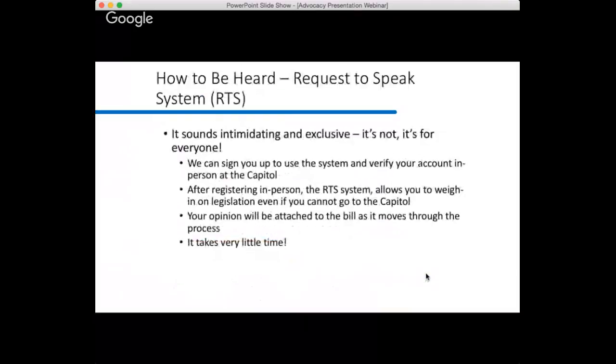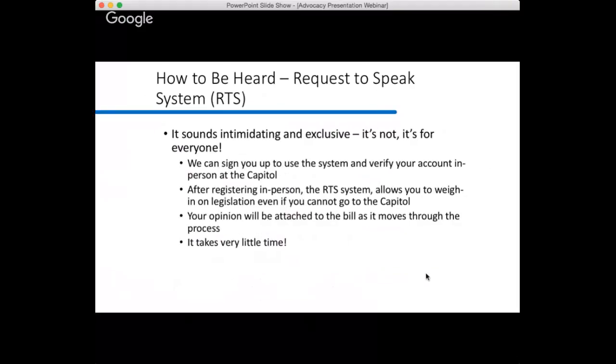For instance, one of the easiest requests we make in our calls to action is using the request to speak system through the state legislature. So we are not going to walk through the state system online today. We are actually going to do a separate tutorial for that a little bit closer to legislative session.